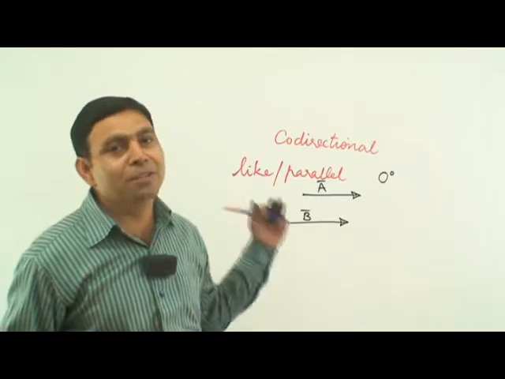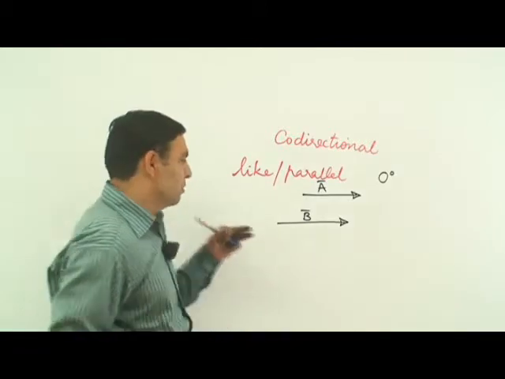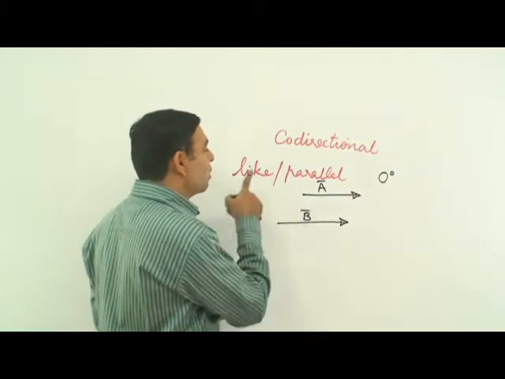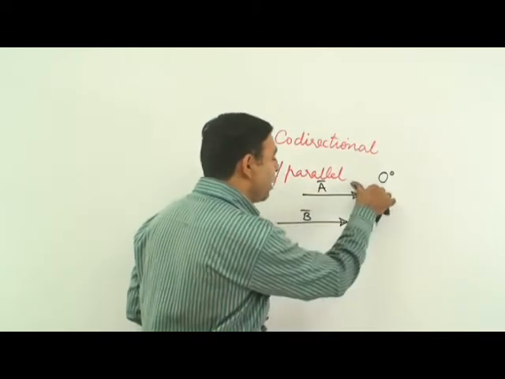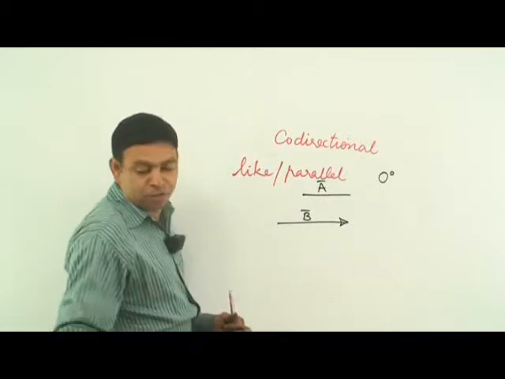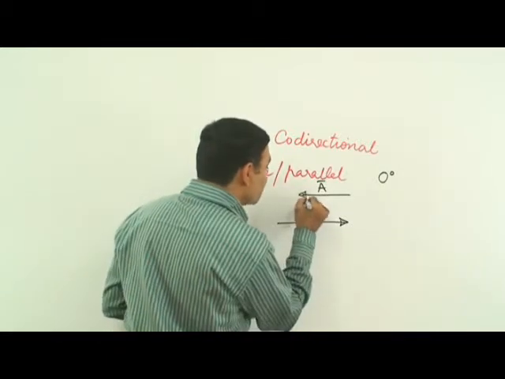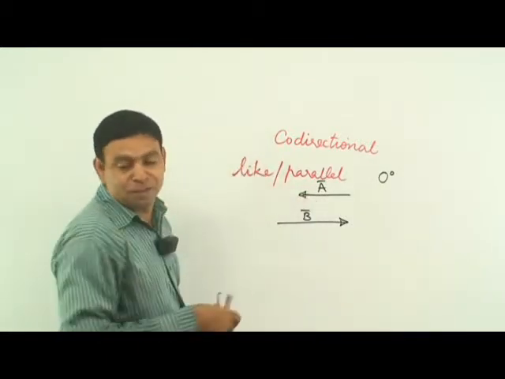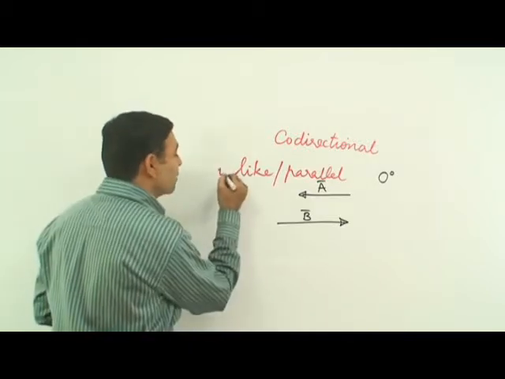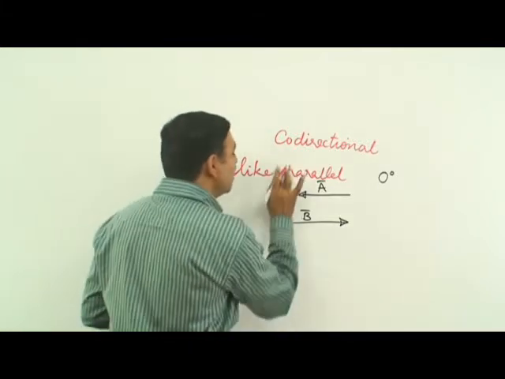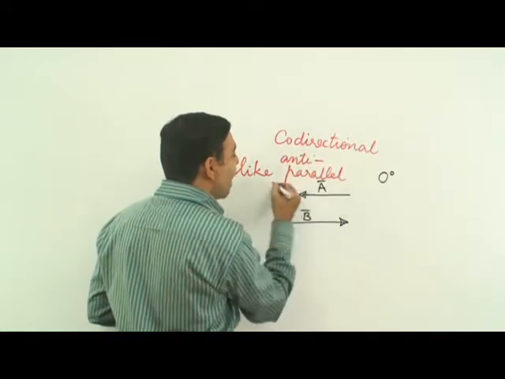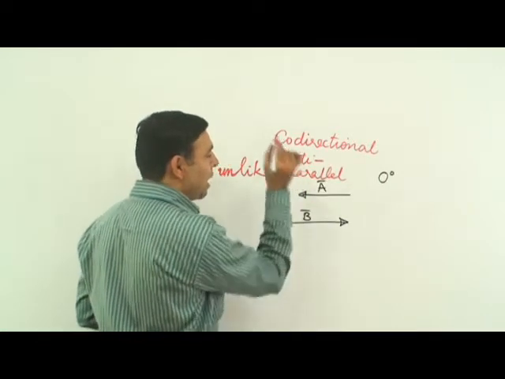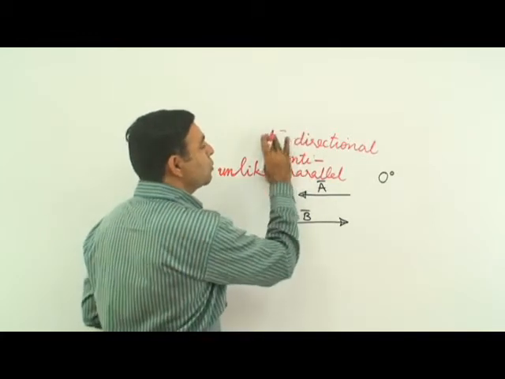Mind you, all these three names refer to the same type of vectors: co-directional, like or parallel vectors, meaning vectors in the same direction. Now if they are in opposite direction, you call them unlike vectors or anti-parallel vectors. They will not be parallel vectors, and you don't call them co-directional.